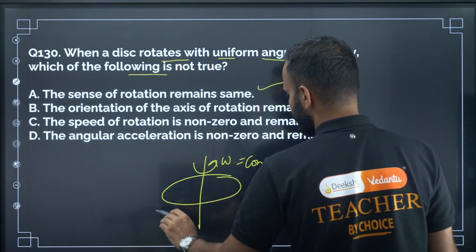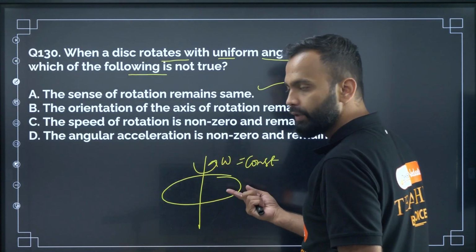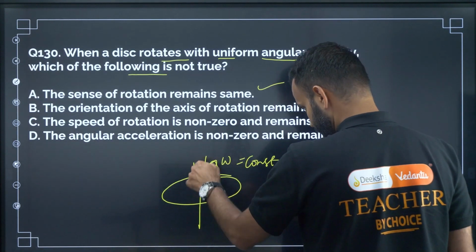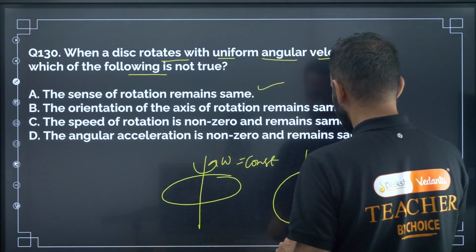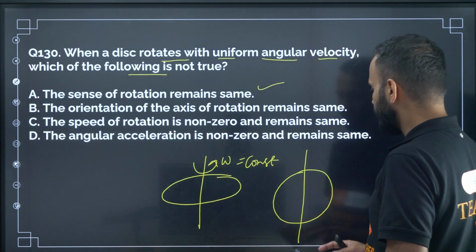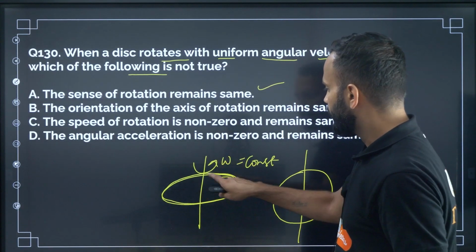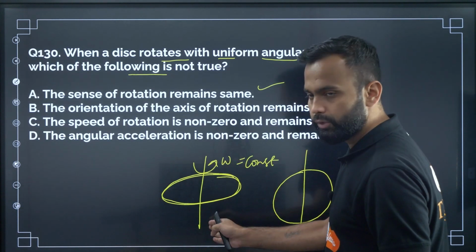Suppose this is the body, it is rotating with uniform angular velocity omega about this axis. Or here this is a ring, right? So this ring is rotating with the angular velocity omega about the axis which is passing through its center.